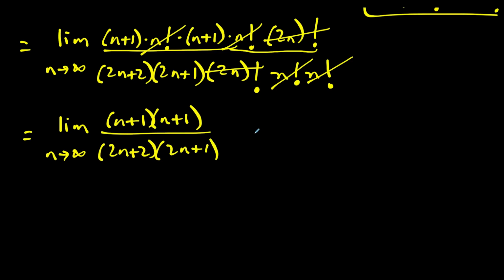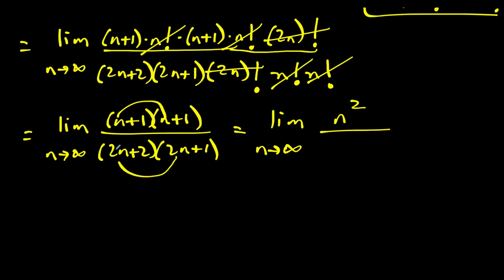times (2n+1). And remember what we said before, we have a rational function here. So when you're taking the limit as n goes to infinity and you have a rational function, the only terms that determine the limit are the leading terms. So on top, the leading term would be the result of doing n times n, which is n squared, and on bottom, 2n times 2n would give you 4n squared. So this is going to cancel out like this, and our limit is equal to 1/4.